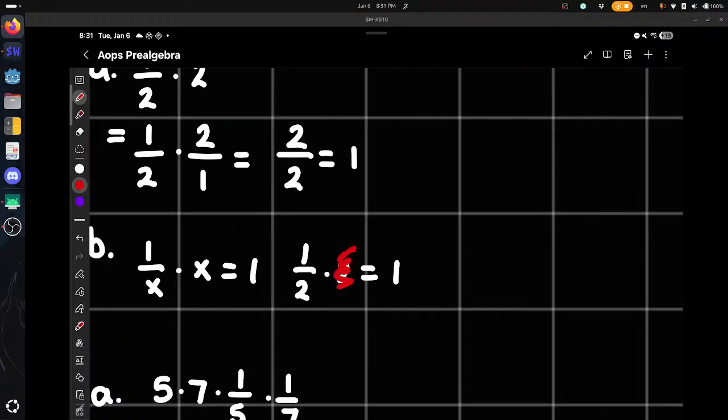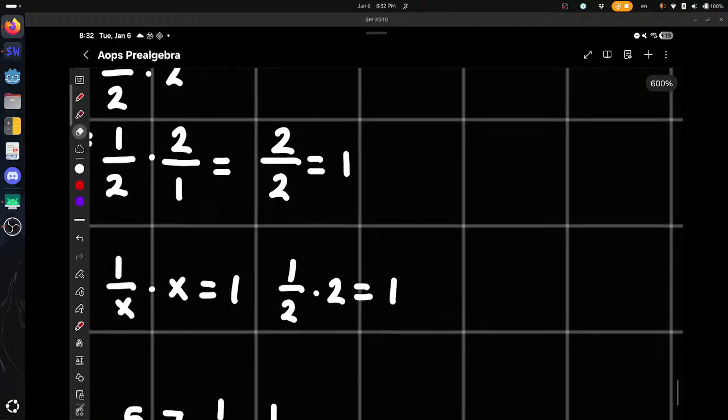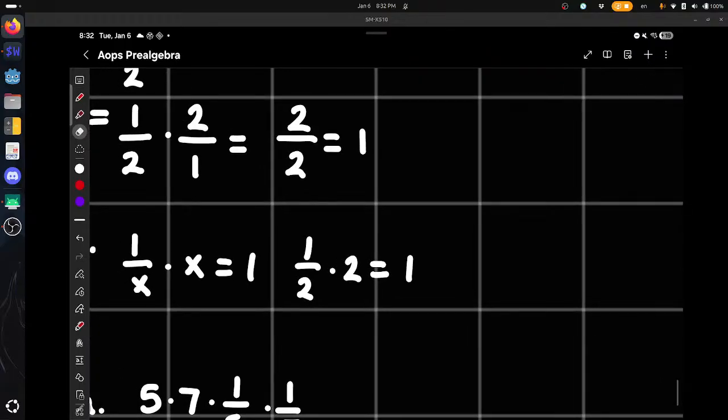We now need to figure out, if we have this reciprocal of 2, what number do we use to get 1? And the answer is 2. So we know that the reciprocal of 1/2 is 2 because we still get 1. That makes no sense in my head, but I think that's what they want.